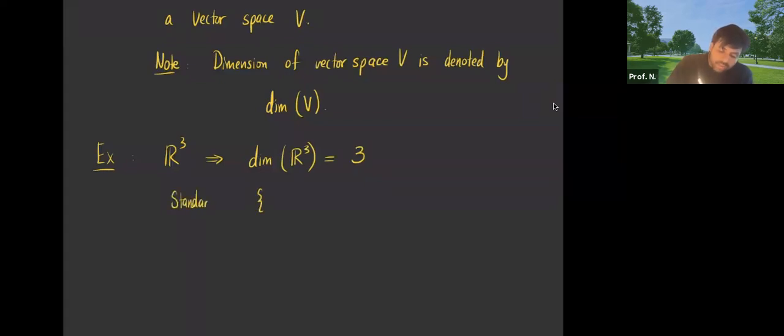The standard basis of R3 was E1, E2, and E3. The bases are not the coefficients. The bases are the vectors themselves. There's three vectors, E1, E2, E3, and that makes the standard basis set for R3.